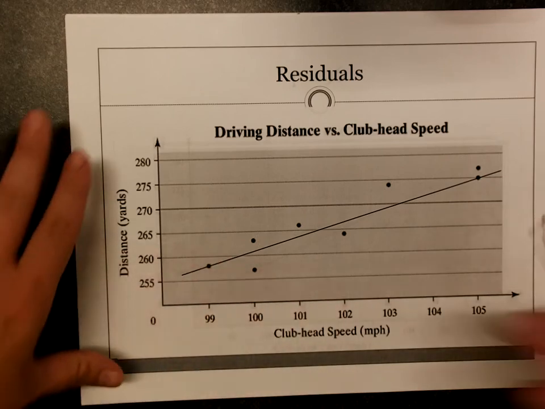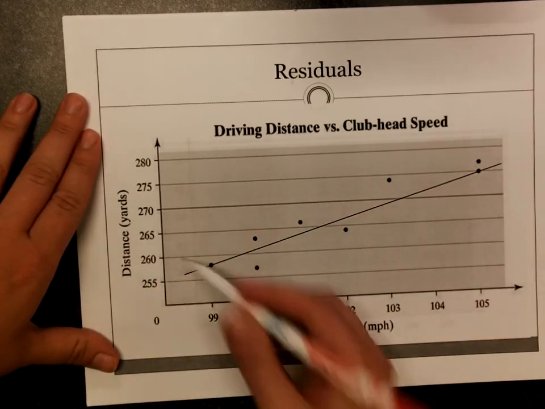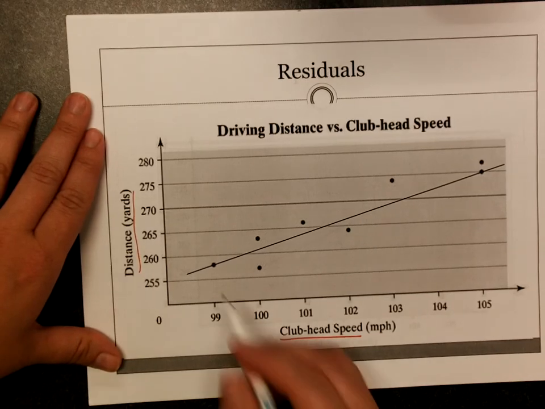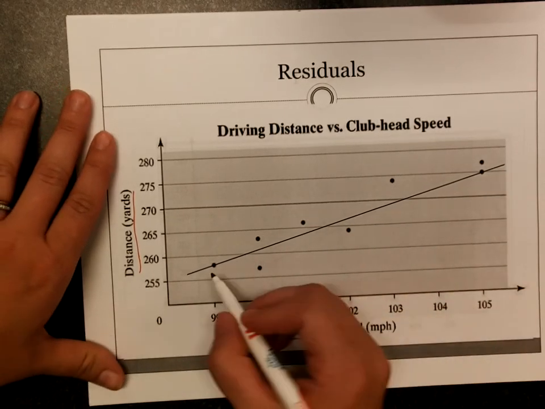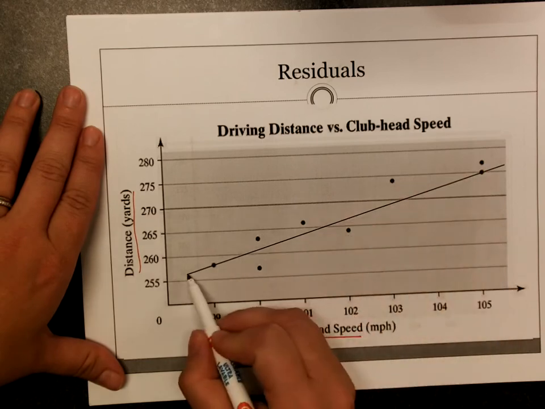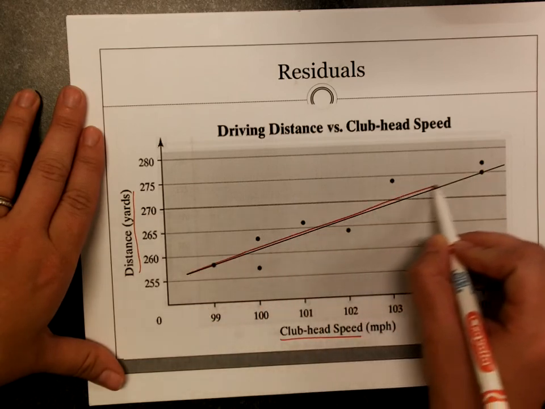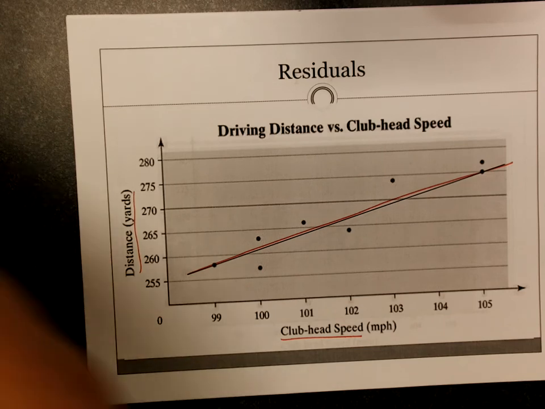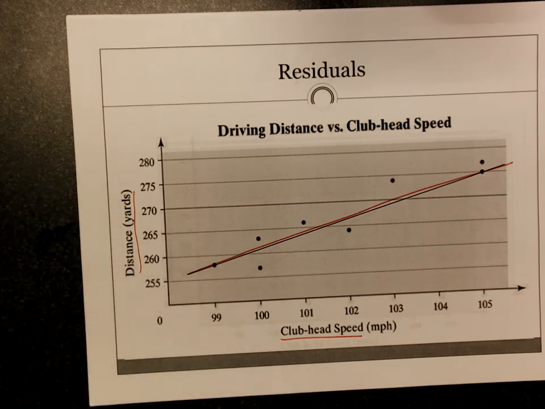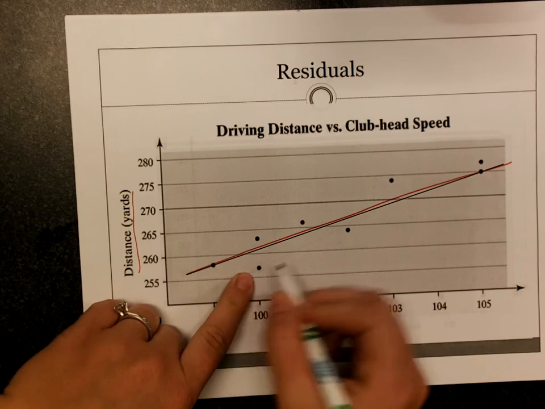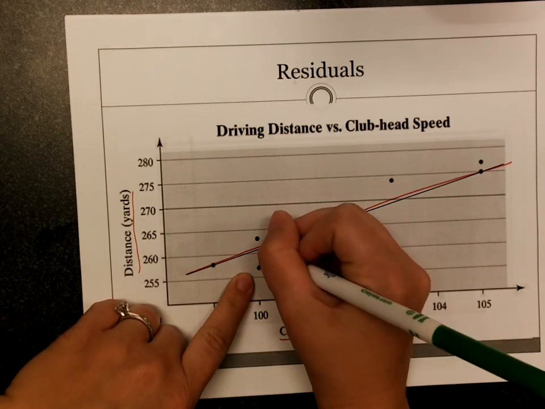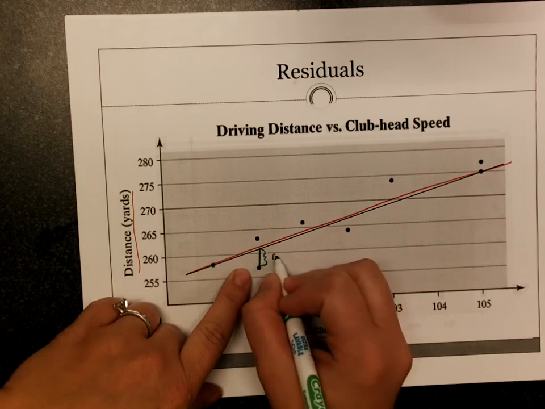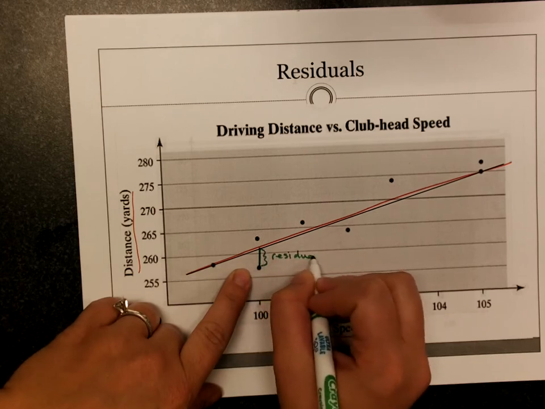So here's the same scatter plot of the club head speed and the distance. The same one we were discussing in section 4.1. Here's our scatter plot points. And we have found roughly, I just kind of eyeballed this, a line of best fit. And a residual, if you pick a data point that's not on the line, let's pick this one down here, the distance between that data point and the line of best fit, that is called the residual.